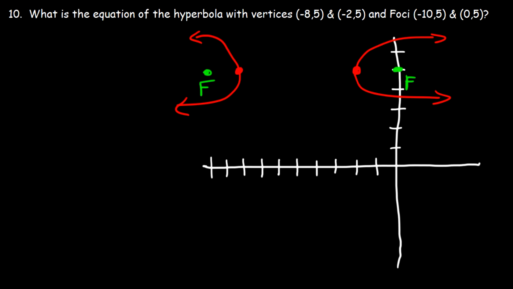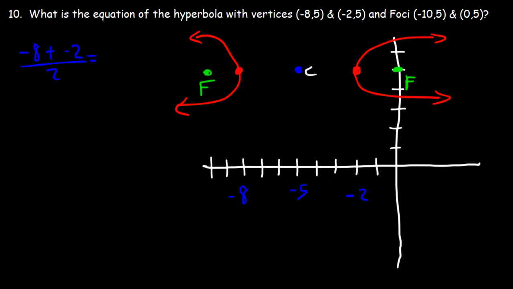The center is basically the midpoint between the vertices. So one of the vertices has an x value of negative 8, the other one is negative 2. What is the midpoint between negative 8 and negative 2? If you add those two values and divide by 2, that's negative 10 over 2, which is negative 5.